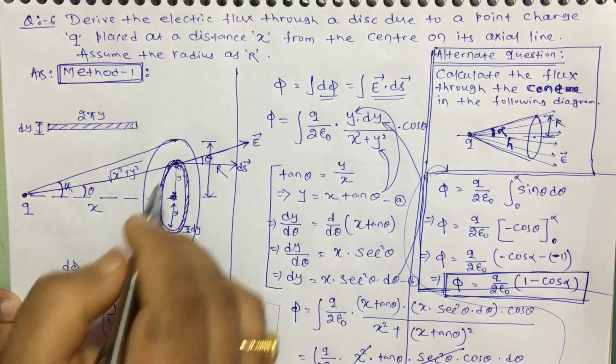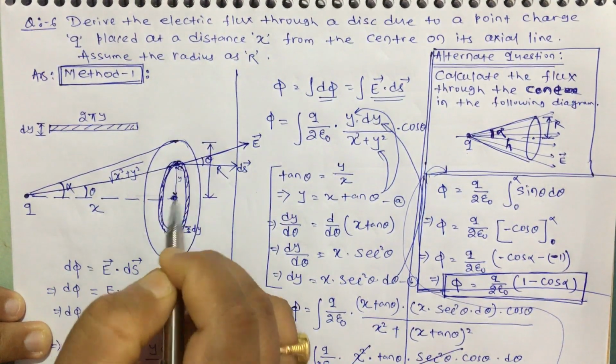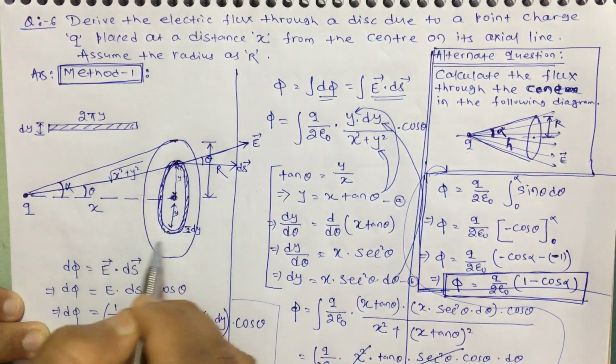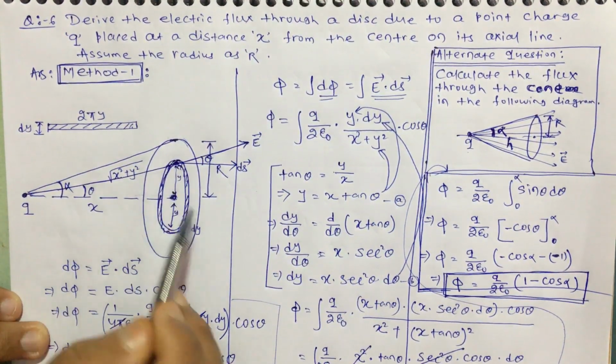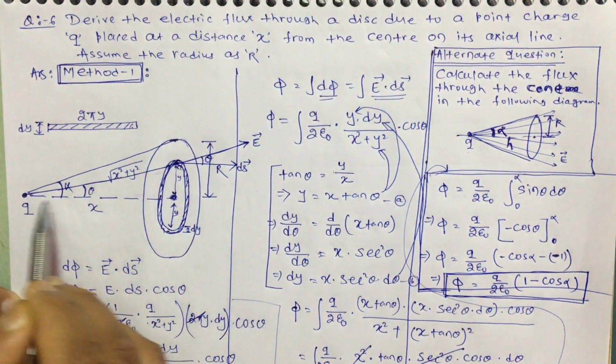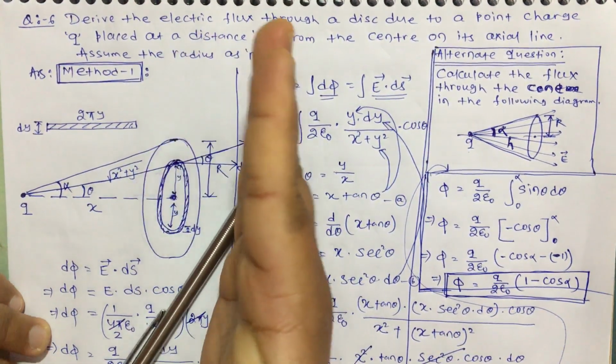Okay. Now what is the electric field for this ring? See, for this ring itself, I am not talking about the disc. For this ring, the electric field is constant, because from everywhere on this ring, the distance from the charge q is going to be the same.